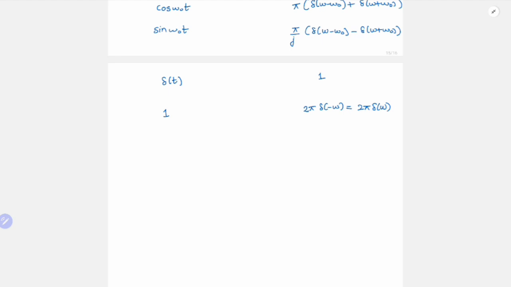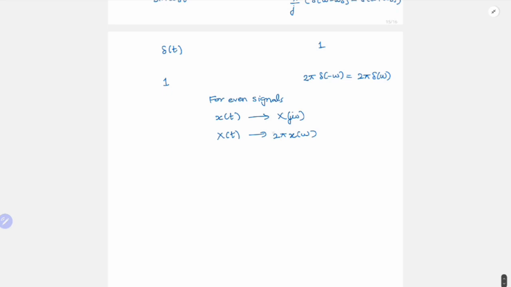So for even signals, x of t gives x of j omega, and X of t is going to give 2 pi x of omega. So there is no minus here. For other signals, it is actually minus, but for even signals, x of minus omega is going to be equal to x of omega. So they just differ by a factor of 2 pi.